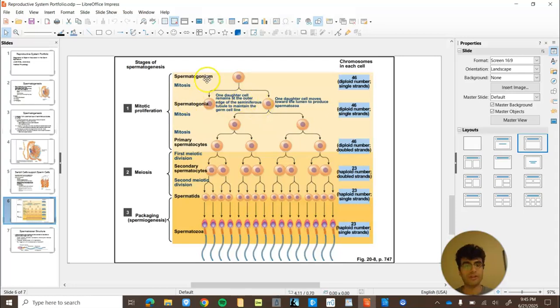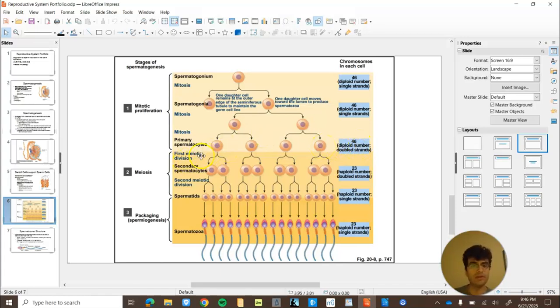After the spermatogonium becomes spermatogonia, they undergo another round of mitosis, and two more identical daughter cells are formed. Then there is another round of mitosis, and then the spermatocytes are formed. So with mitosis, it's going to be staying diploid.